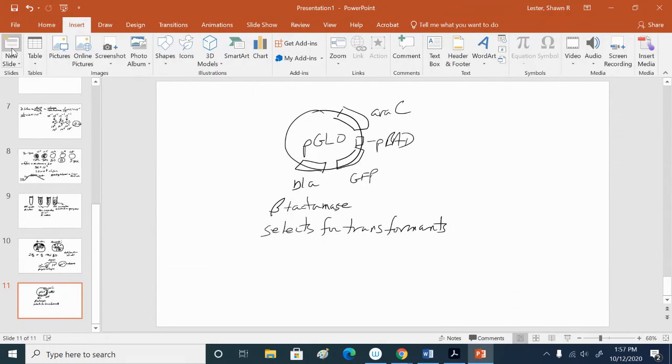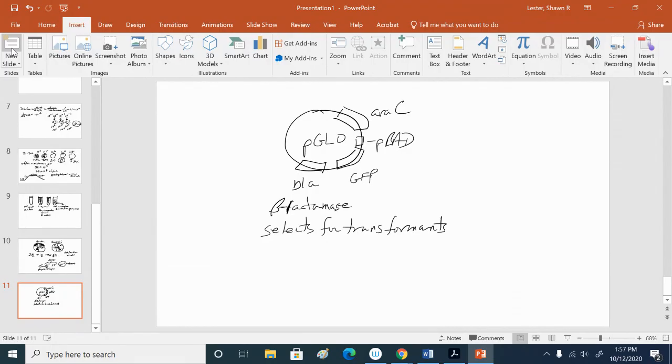Yeah, that's bla, b-l-a. So beta lactamase. Of course, GFP is the green fluorescent protein. araC is another protein. And then PBAD, a special promoter for the green fluorescent protein gene.